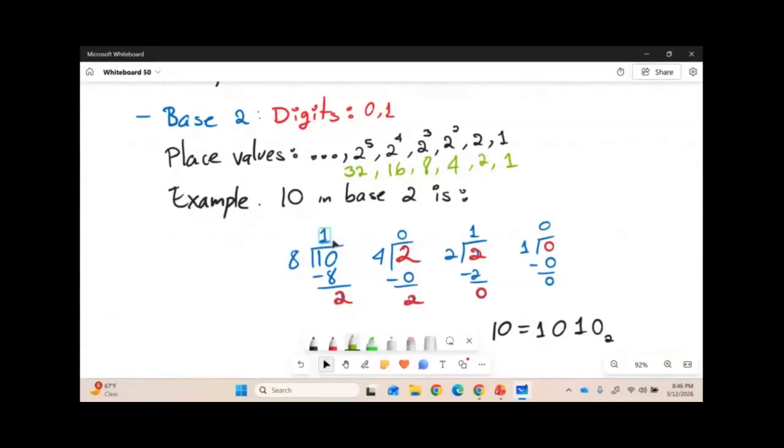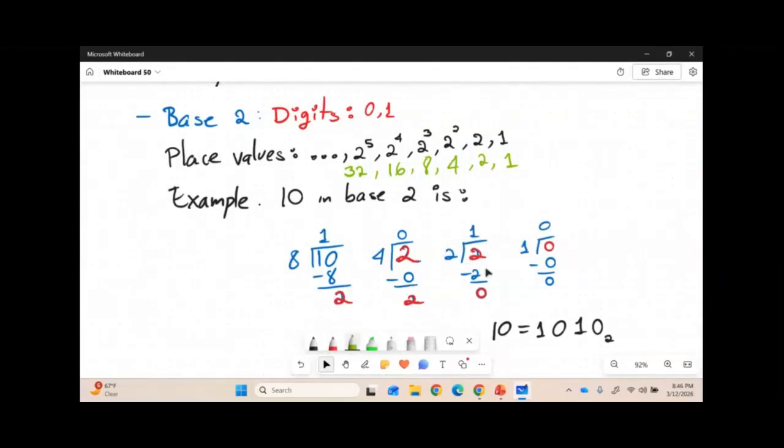And if it's 1 and then the remainder is 2, use that remainder and divide by the next place value, which is 4. 2 divided by 4 is just 0 because 4 is bigger. So grab that remainder and divide it by the next place value, which is 2.